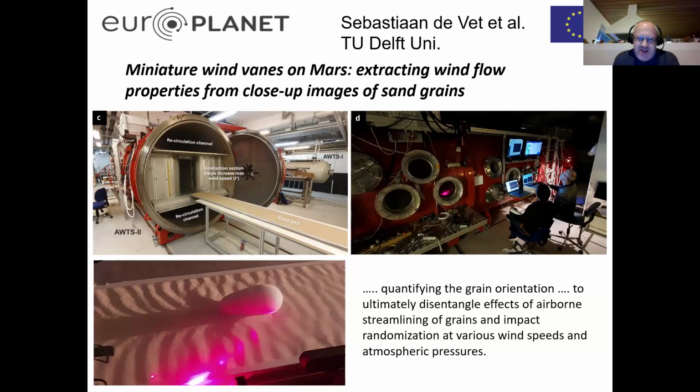His idea was that if the grains are not spherical, then they may have some kind of orientation due to the wind, and he was looking at that. So very much the microstructure of ripples. Sometimes we would take the whole sand bed out and take samples. I think he also used photogrammetry.